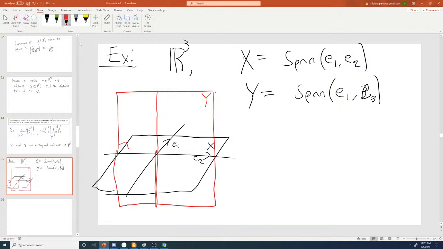And so you are tempted to say X and Y are orthogonal. Unfortunately, this is false.